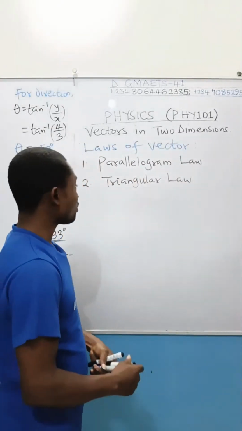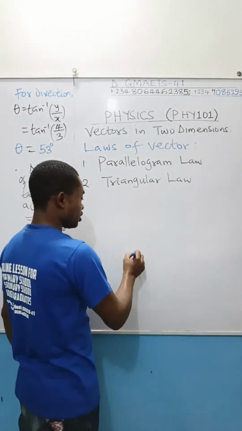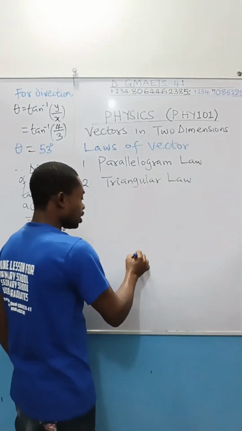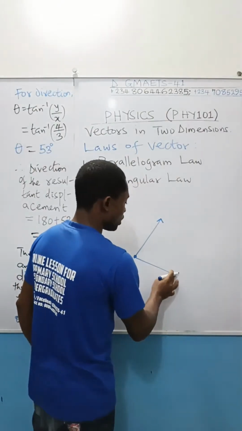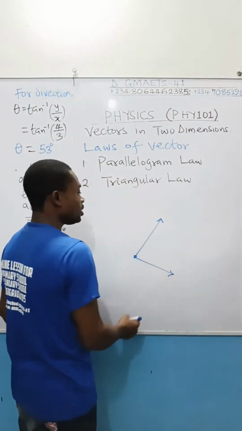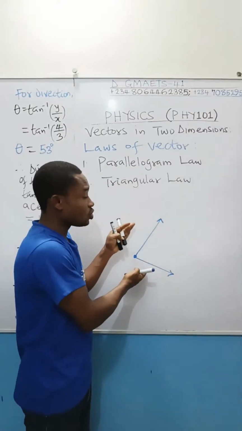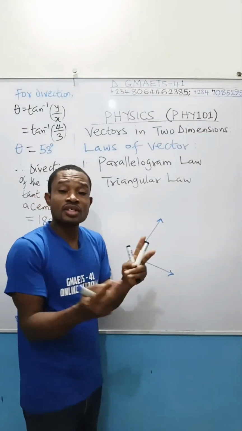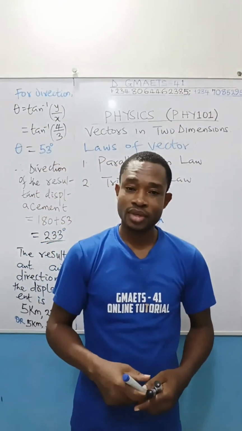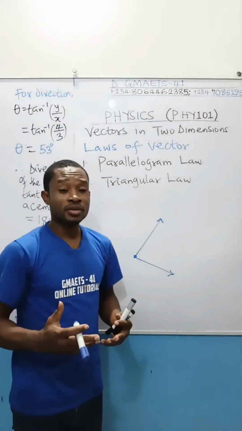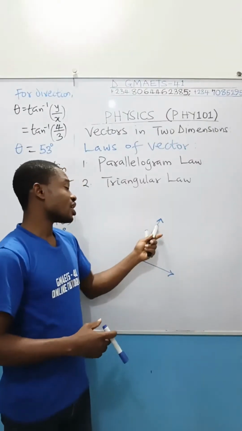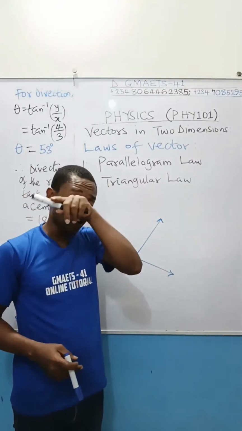Now, to deal with parallelogram law of vector, I'd like you to look at this. Imagine that this is the origin, and then you have a vector going this way. You have another vector going this way. Now, we assume that these two vectors represent the two sides of a parallelogram, and that the vectors are represented in magnitude and in direction.